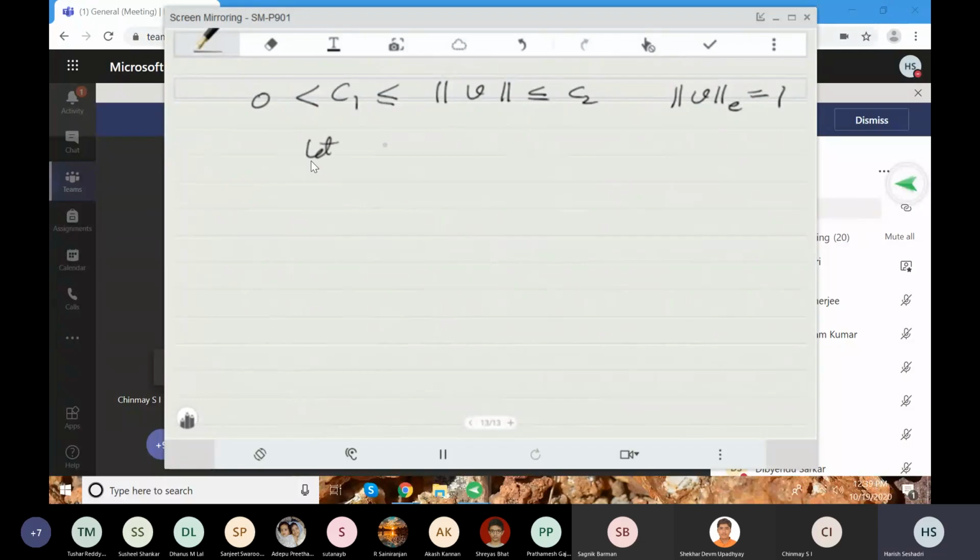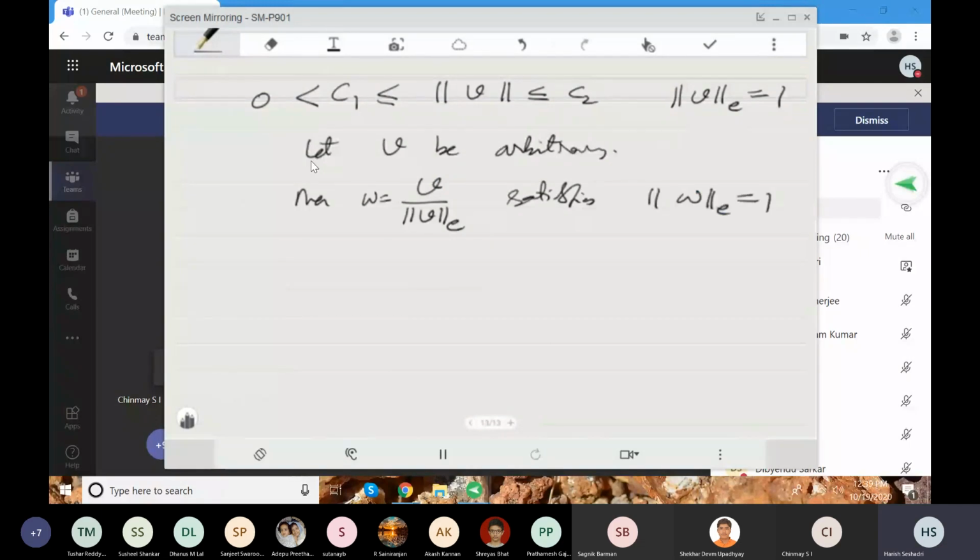Now, of course, from this, it's easy to get it for any vector whatsoever. So let v be arbitrary. Then I just take the unit vector in this direction, the Euclidean unit vector. Set this one, w, which satisfies unit norm, Euclidean unit norm.